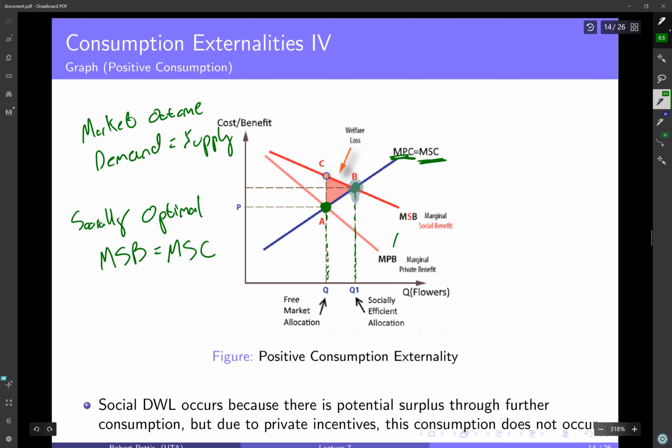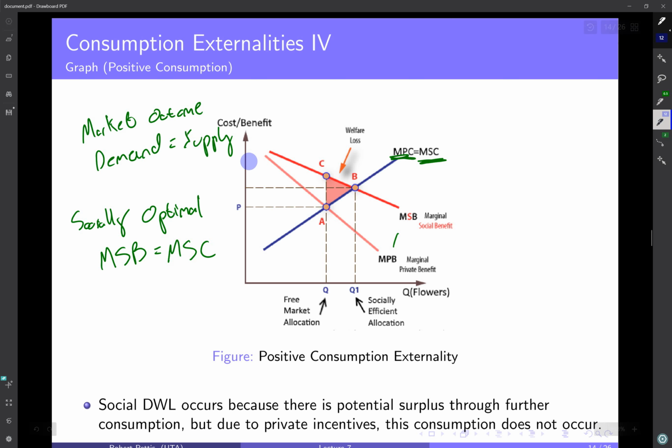Okay, so last possible thing we can do with this is again find this deadweight loss. So I'm just going to do the same thing that I've done with the other ones. I'm going to find the total social benefit and the total social costs. So let's find the total social benefit first.